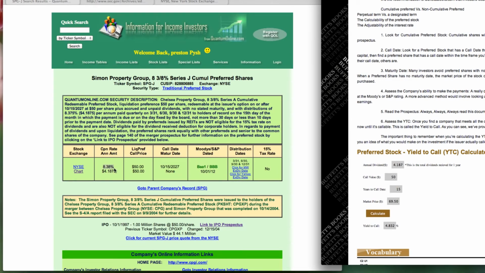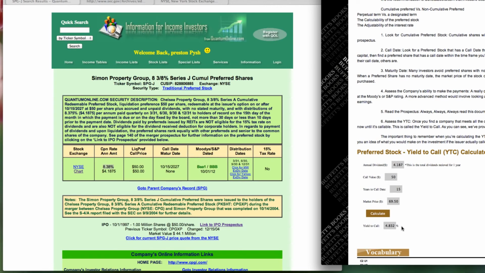I'm going to get 8.38% on this if I buy it. And that's not the case at all, because you're paying such a large premium. You're paying almost $70 to purchase this stock, and it's only callable at 50. That's why your yield to call is much lower than the 8.38. You're actually seeing 4.832%. And that's the thing that you really got to focus on when you're buying preferred shares.